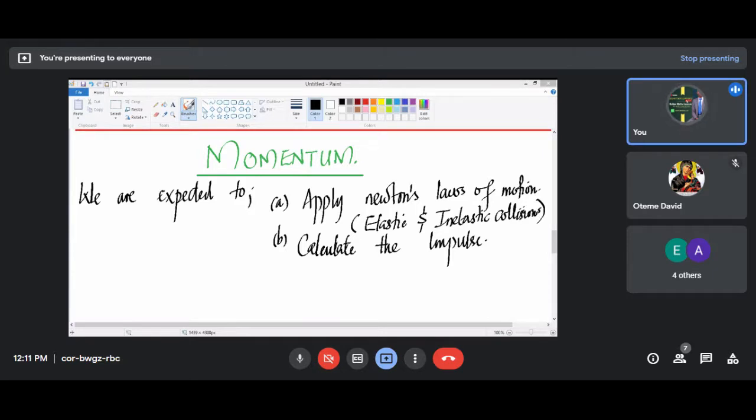Some books refer to that chapter as momentum and impulse, but basically we want to emphasize that we are just going to do simply momentum. Impulse is looked at as a subsection in this case.